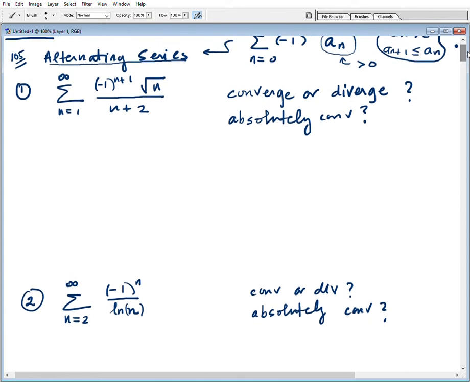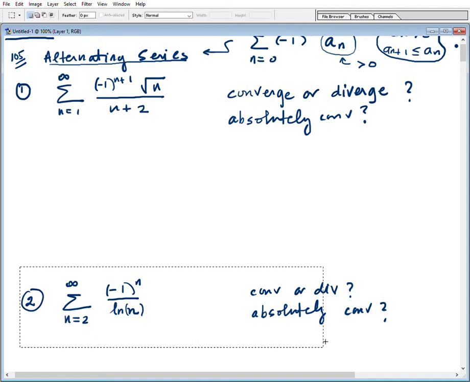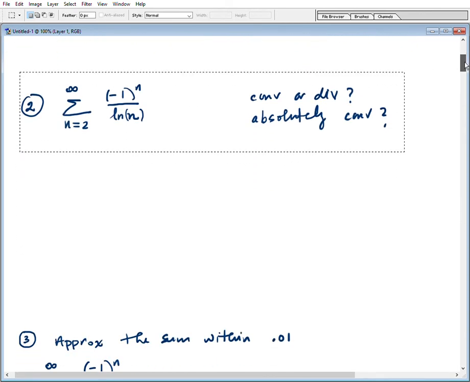All right, so here we have, we want to know, does this converge or diverge, and is it absolutely convergent? I think I need a little more room. I'm going to pull the other one down. Let me just move this one down.